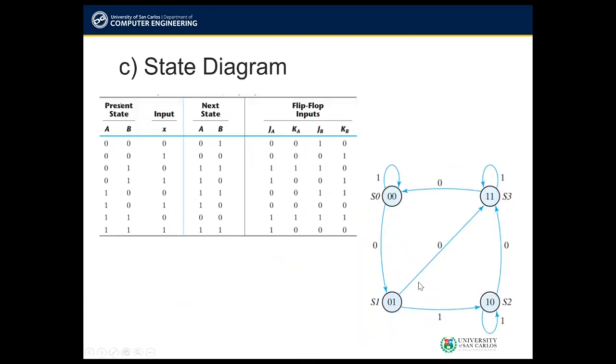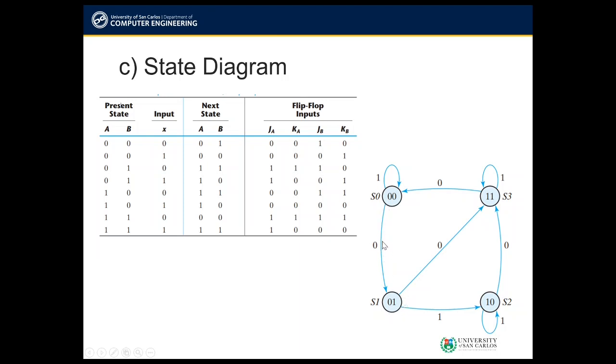The next step is to derive the state diagram. Again, the state diagram is just the same information as we have with the state table. Let's consider present state 0, 0 first. So let's have this state here, 0, 0. If x is 0, the next state is 0, 1, so here it goes to 0, 1.